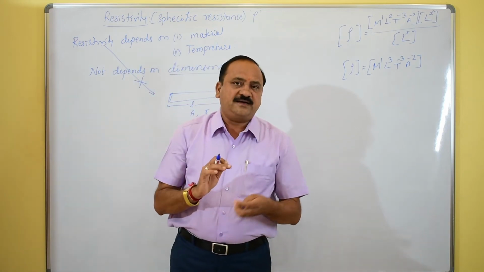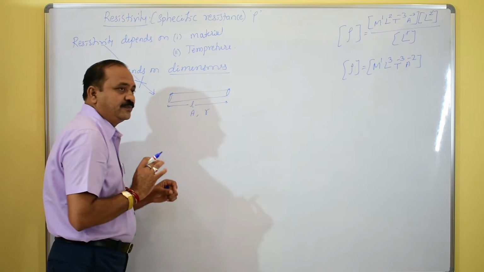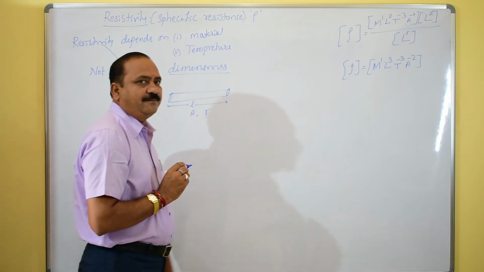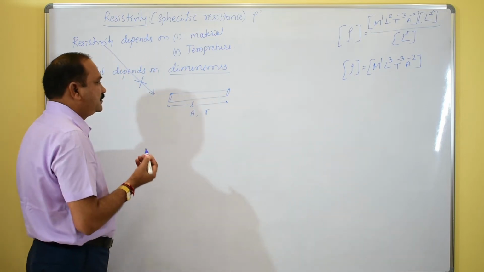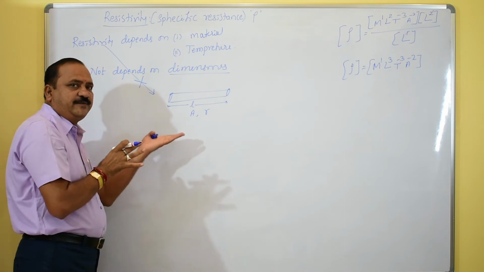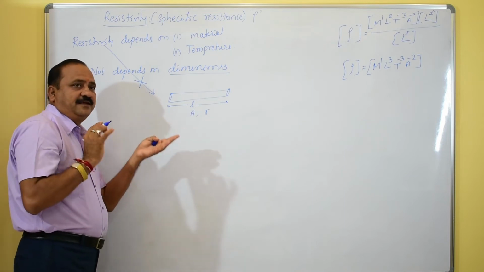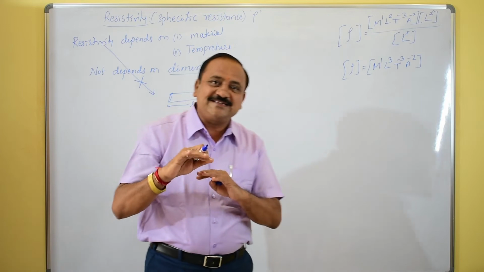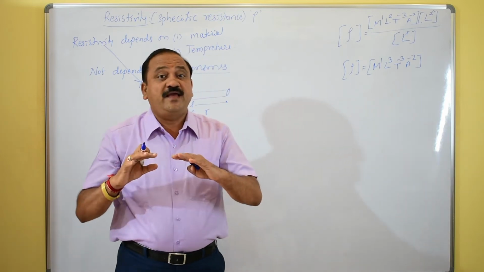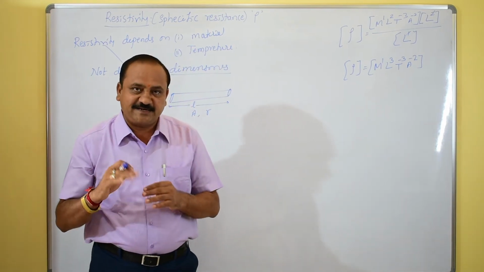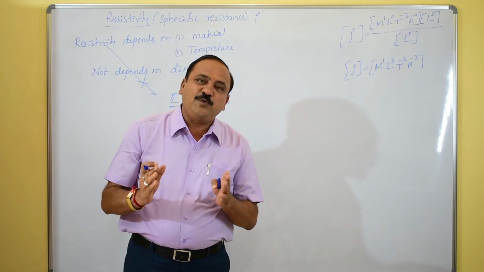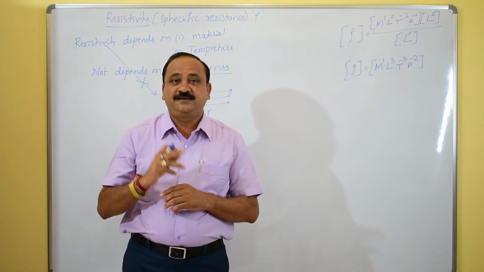Now, with reference to this, so far we have Ohm's law. Let me explain this resistivity concept. Resistance opposes the flow of electric current.